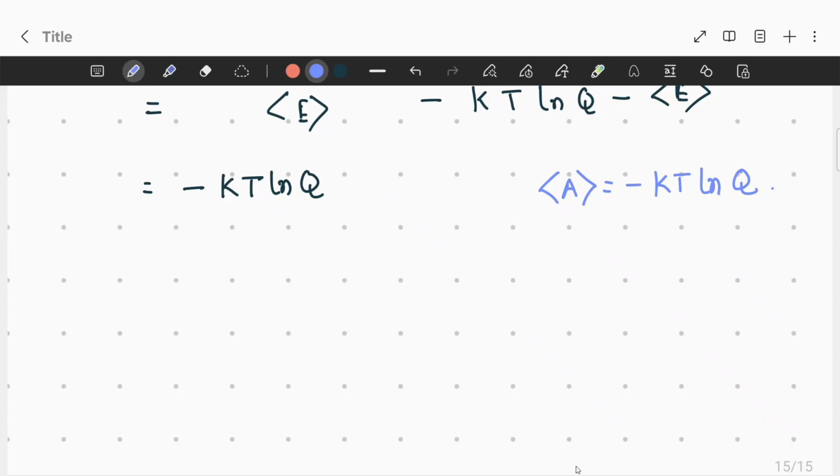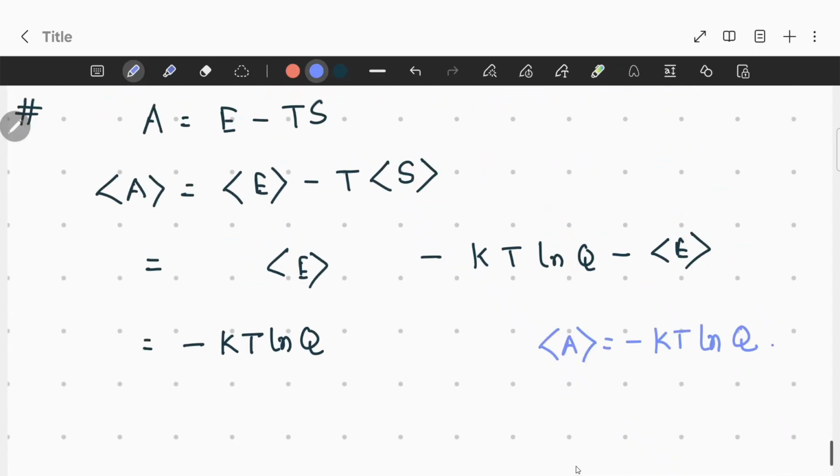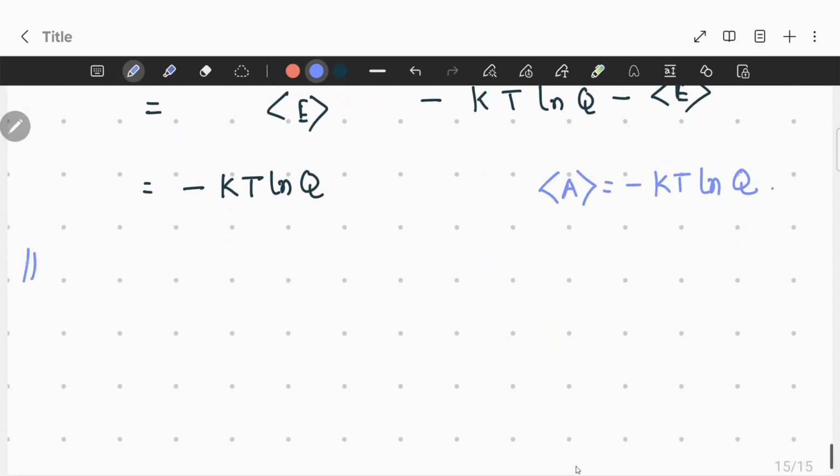Next is our enthalpy. That's why this Helmholtz free energy is probably called the canonical equivalent something, because it's directly linked with the canonical partition function.